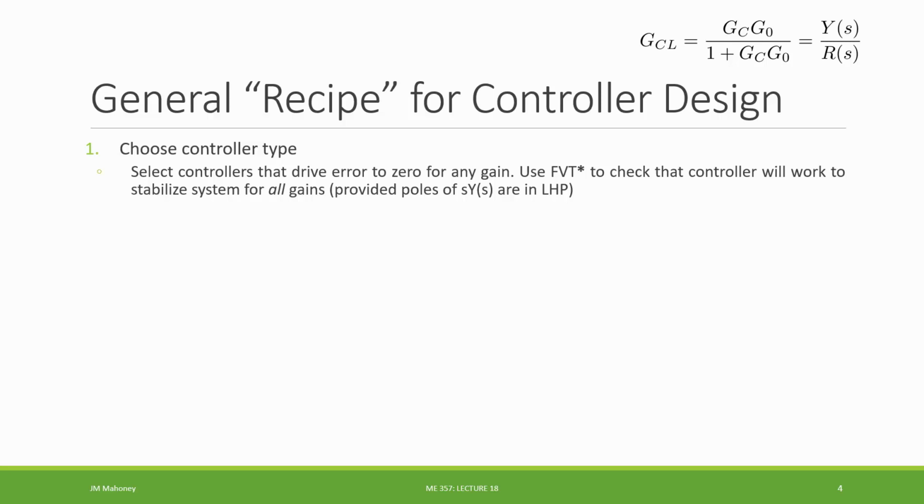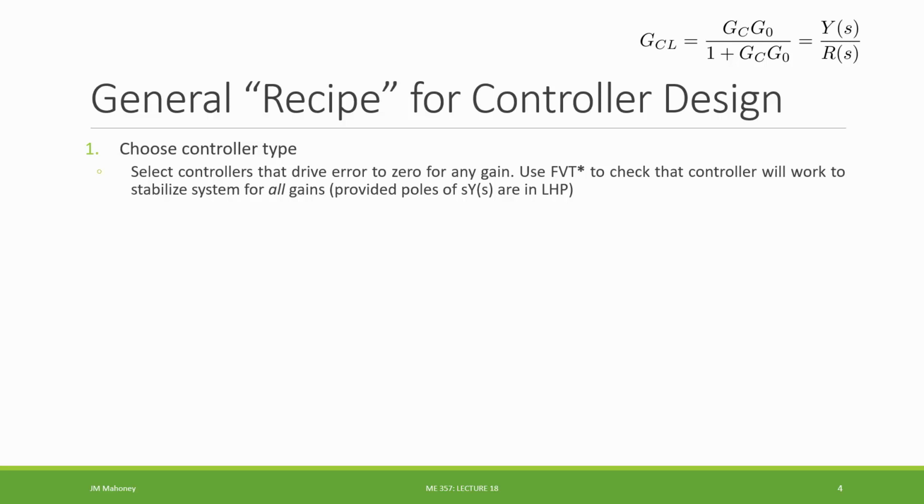So recall the first lecture in this unit, there were some times we saw where a particular controller didn't identically drive our error to 0, or our steady state value to a desired constant. It was dependent on the gain in the system. In general, we want to avoid this. So some controller types, depending on our plant, are not going to be usable because they don't always drive the error to 0.